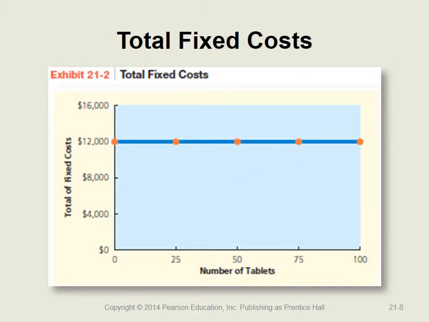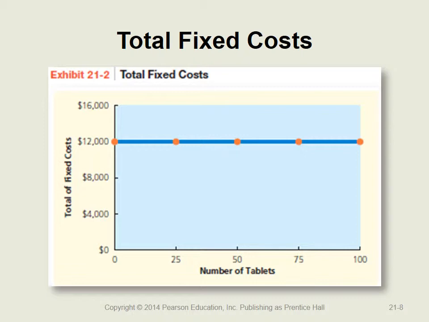In contrast to variable costs, fixed costs are the costs that do not change in total over wide ranges of volume of activity. Some common fixed costs include rent, salaries, property taxes, and depreciation. Exhibit 21.2 graphs Smart Touch Learning's depreciation on the manufacturing plant and equipment. The company has these fixed costs regardless of the number of tablets produced.